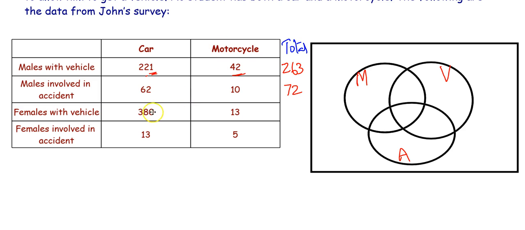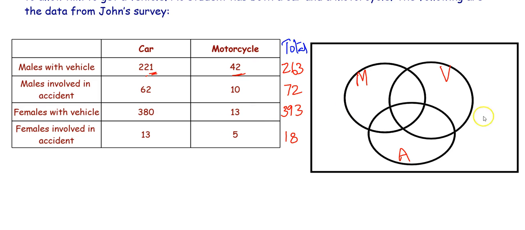And the third, total number of females who are owning a car or a motorcycle, that is 380 plus 13, that gives me 393. And lastly 13 plus 5 is equal to 18. Maybe these numbers will help us out.